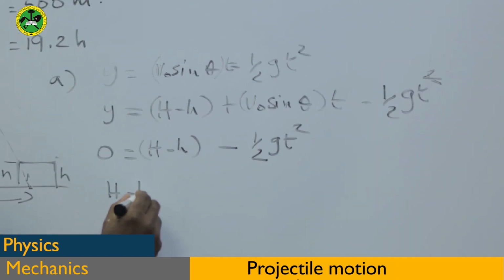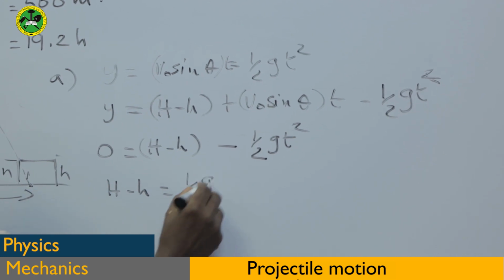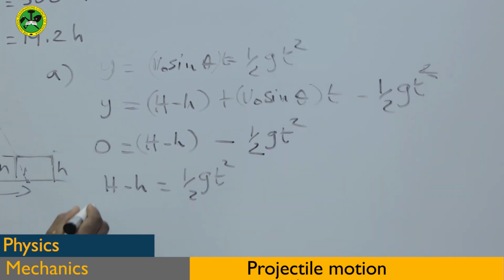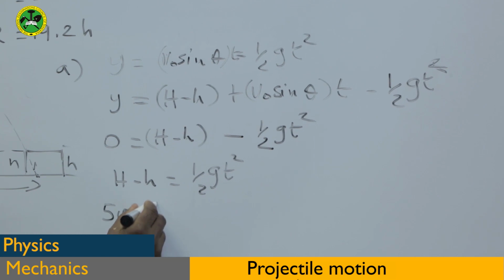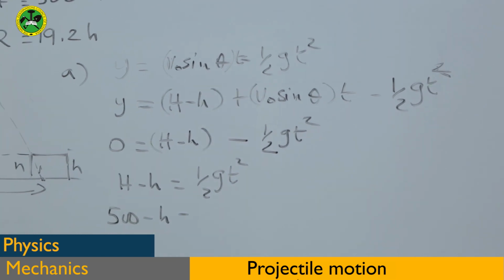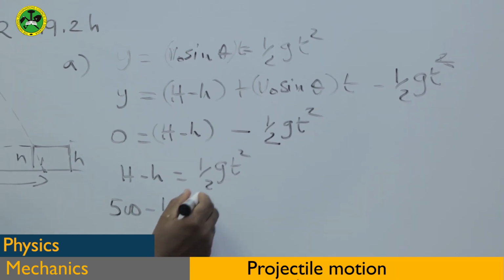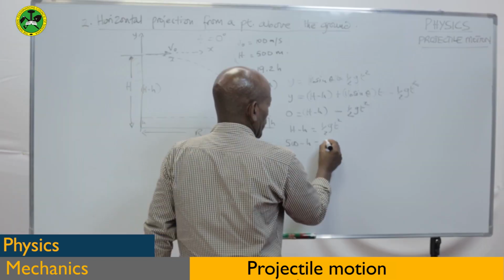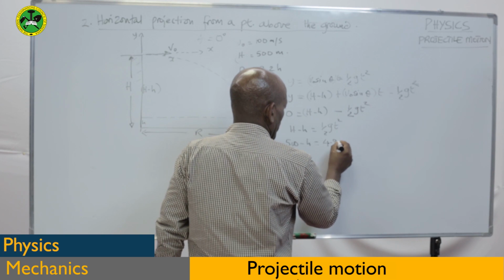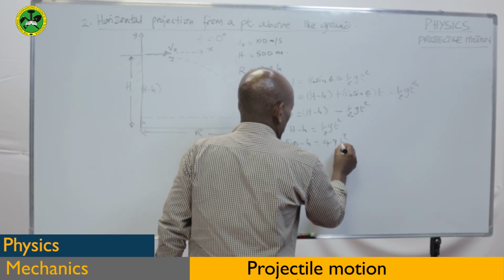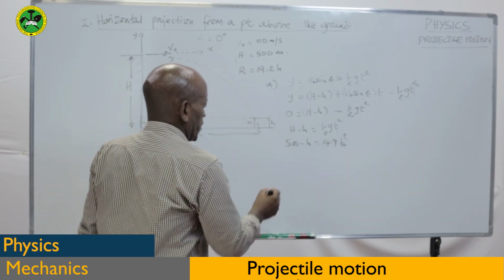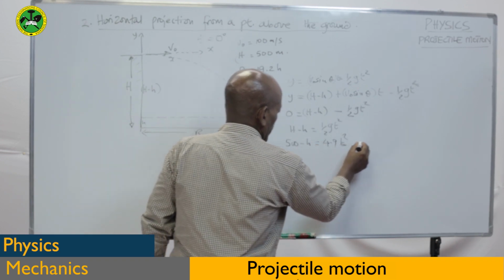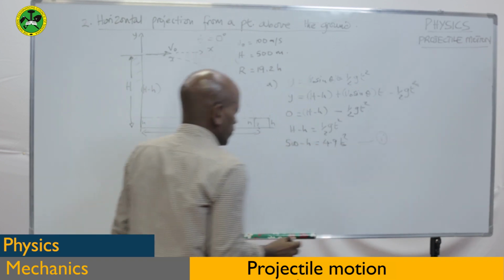So H minus small h will be equal to a half times gt squared. Remember H is 500. So 500 minus h is equal to 9.8 over 2, so this will be equal to 4.9 times t squared. So we are having this particular expression. Let me take this to be the first part.